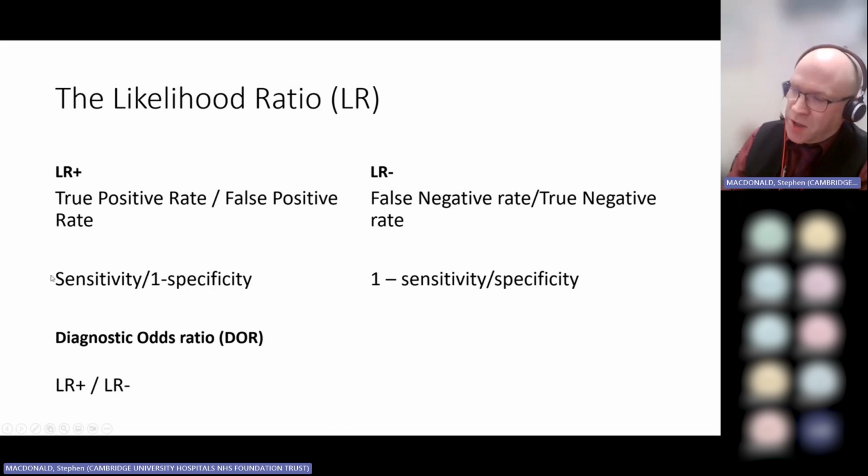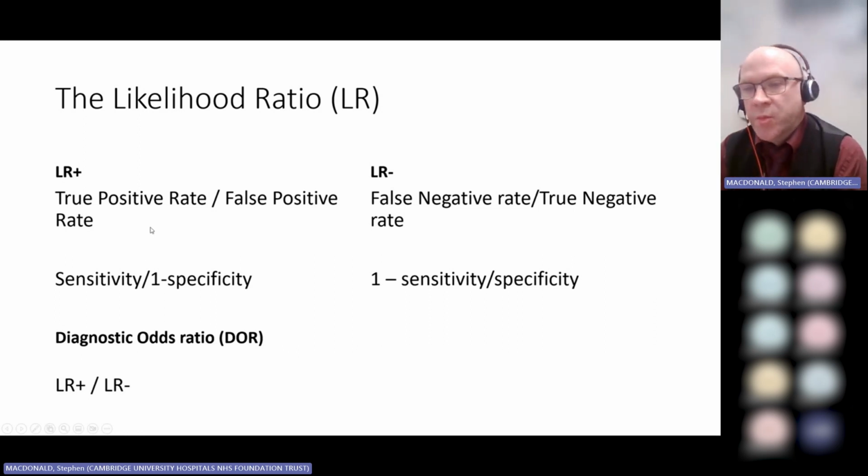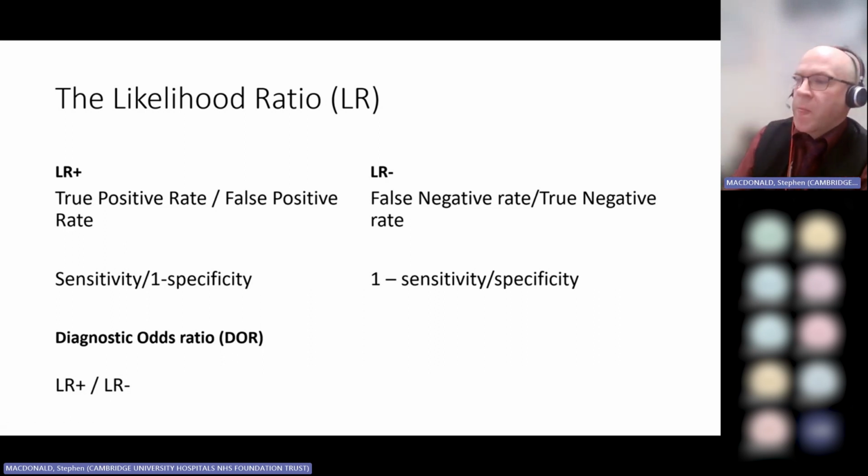So in an assay with a really high sensitivity, let's say 90%, because it's a nice round number, dividing that by an assay which also has a good specificity, so 1 minus 0.9, that would be 0.1, we would have a very, very high likelihood ratio. That shows we get a good positive hit rate when the patients have the disease, and a low false positive hit rate, which gives us a high likelihood ratio for a positive result.